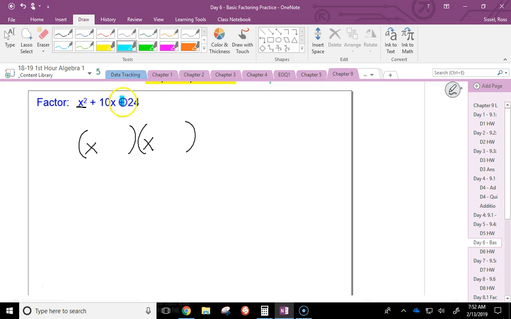Then, it's a positive 24. So my two numbers have to be either positive positive or negative negative. We look at our b term, and because it was positive, we know we will be using positive numbers. So I'm going to put in plus and plus.